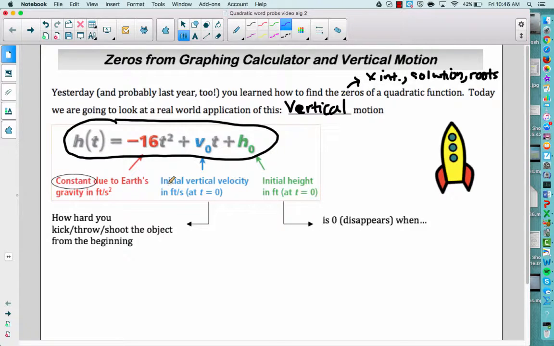V sub 0 means the initial velocity, so speed. Okay, so I want you to think of the velocity for now as the speed. And the initial velocity means the starting speed. And then h sub 0 just means the initial height of wherever you could be standing or throwing something. So h sub 0 just means the starting height.